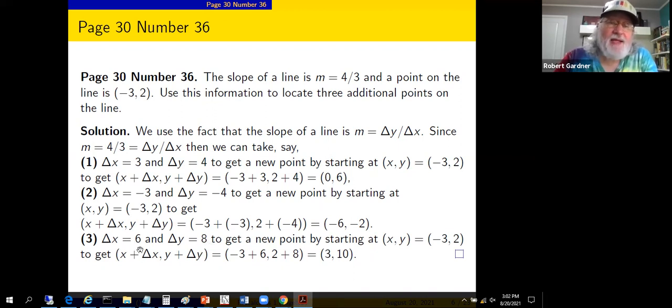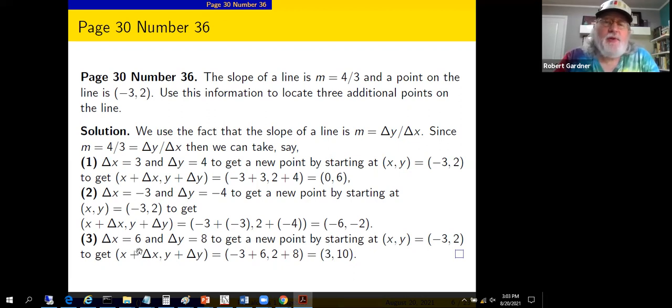I could make them both negative and they'd have the same ratio. What we really did was take the first one and double both of these. That's where the 6 and the 8 came from. You could triple both to get 9 and 12. The ratio would still be 4/3. These are probably the 3 easiest values to choose for delta x, delta y.